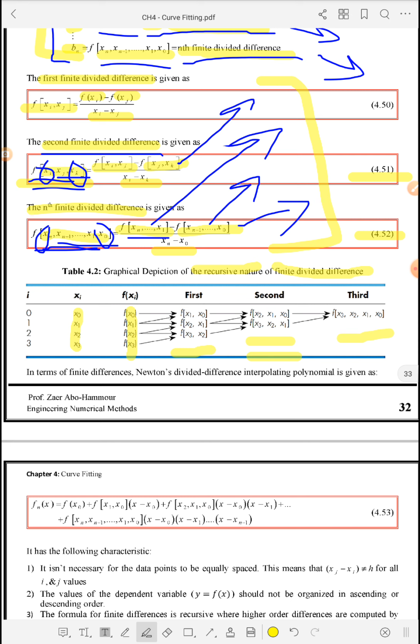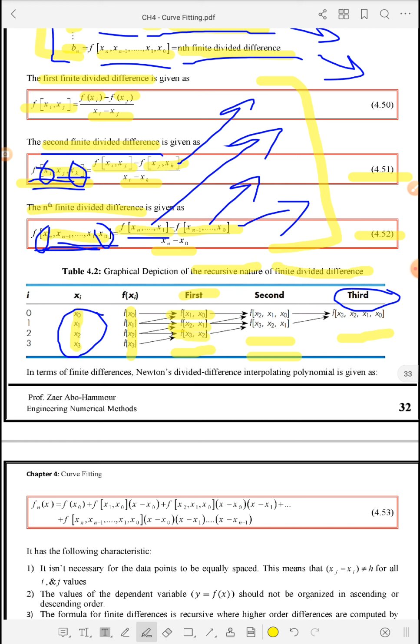So we have here 4 data points. The highest divided difference order is the third, because the highest divided difference is less than the number of data points by 1. So with 4 data points, we can go up to the third divided difference. For the first divided differences, we calculate 3: f of x1, x0, then 2, 1, and 3, 2.